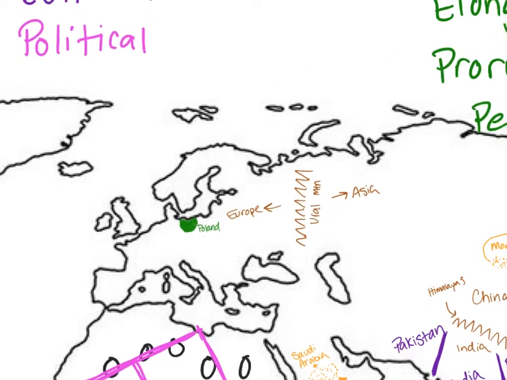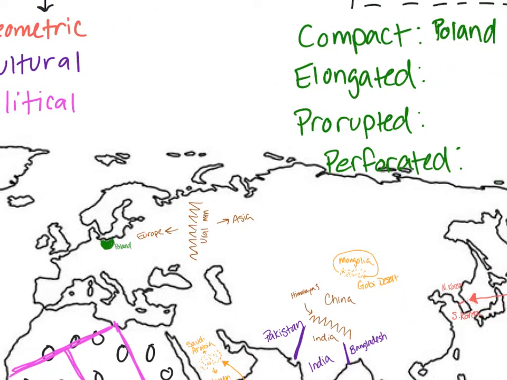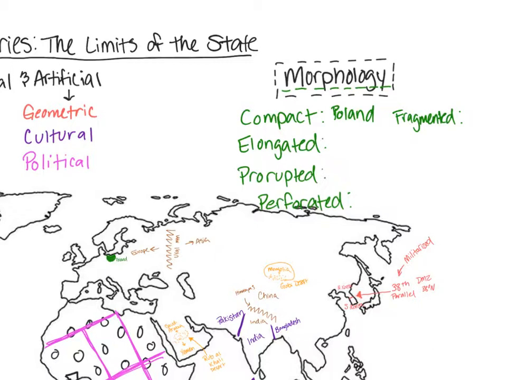Since we're in Italy, we're going to go back to our key up here. A perforated state is going to be Italy. A perforated state is one that has inclusions of something else, right? It totally engulfs another country. Italy is a good one because what are two micro states that are in there?